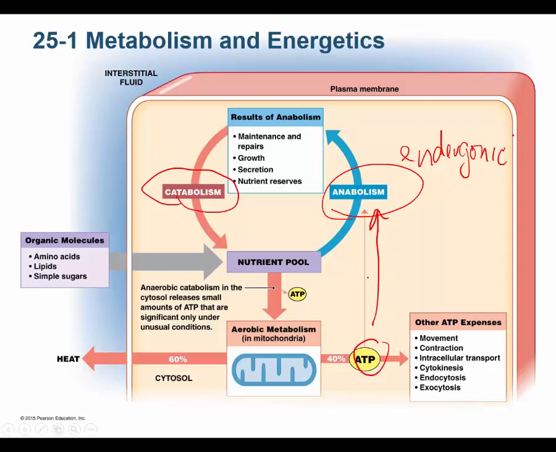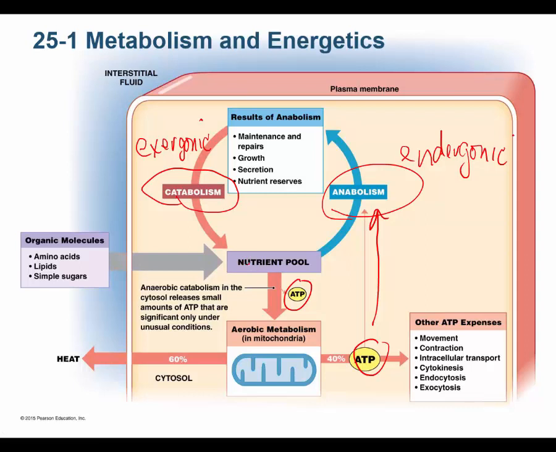ATP drives the anabolic reactions. Catabolism is exergonic for the most part, and this gives you ATP when you break it down. So there's really an ATP cycle here, where anabolism uses ATP because they are endergonic reactions, and catabolism generates ATP.